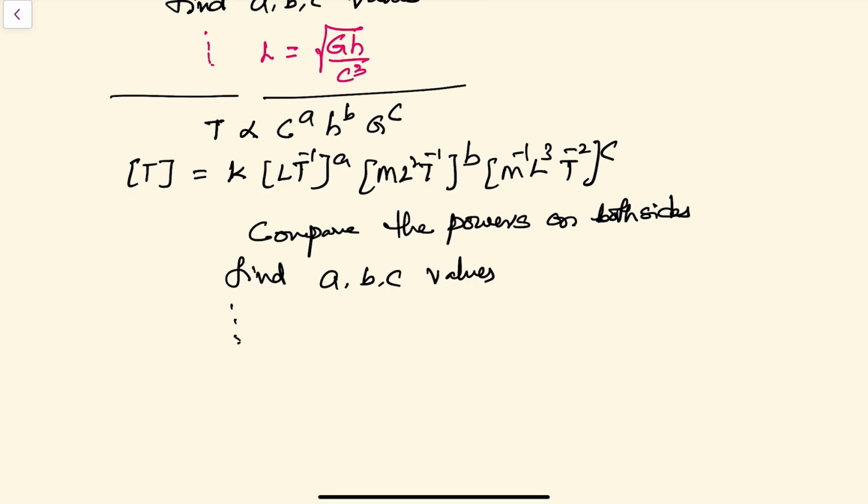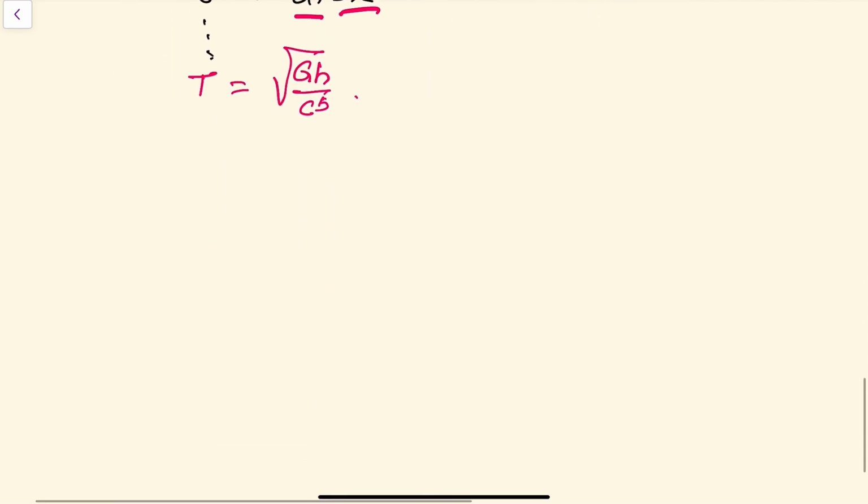You will get T is equal to under root of G H by C power 5. You will get it, right? So you do the work on it. You'll find out the values of A, B, C and substitute. You'll get it. And we shall see other problem.